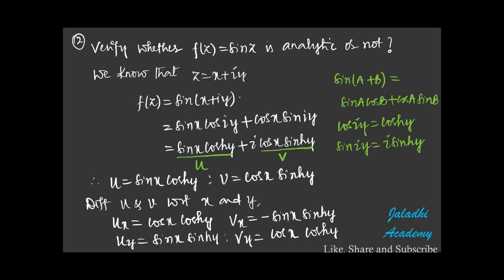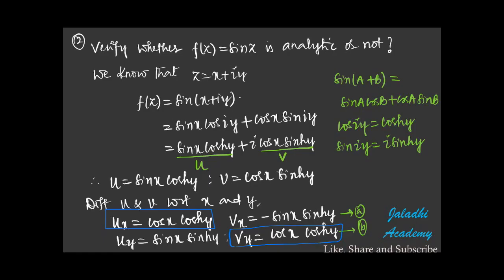Now on comparing the last equations, say equation A and equation B, if we note this, the ux value is the same as vy, and the vx value is the negative of uy.